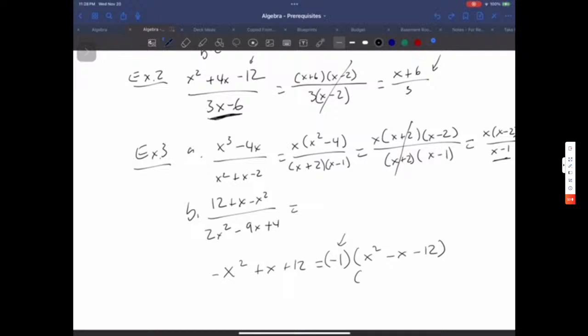And I actually wanted that. I have this minus 1 here, which then I can throw in here and have minus x plus 4 times x plus 3. That'll give me this version of it. Same thing.